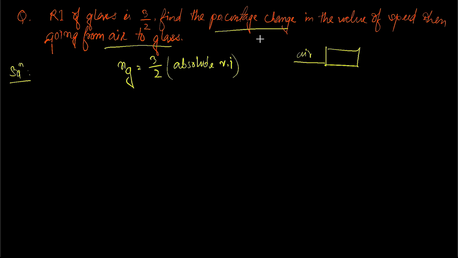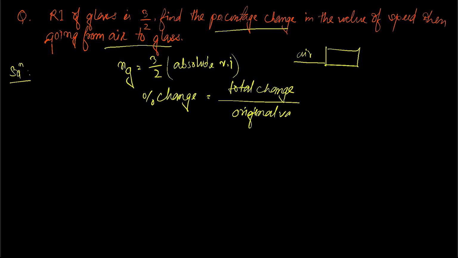Whenever we have to calculate some percentage change, the formula is total change by the original value, into 100 percent. That means first we have to calculate how much the speed is going to change once it reaches that glass medium. After that, we can use the original value, and again we can calculate it.